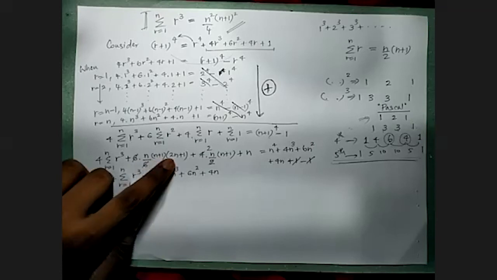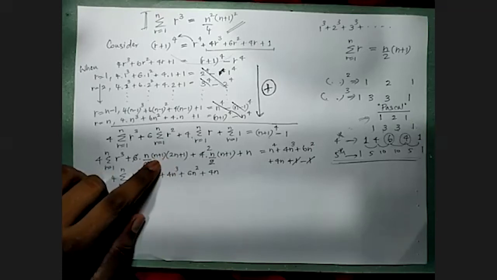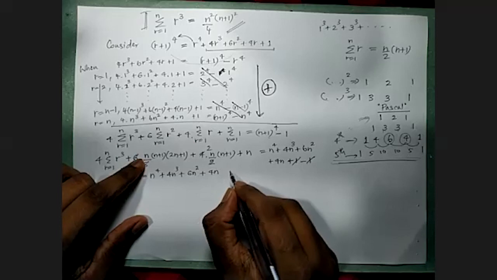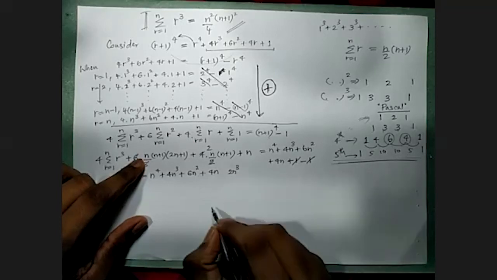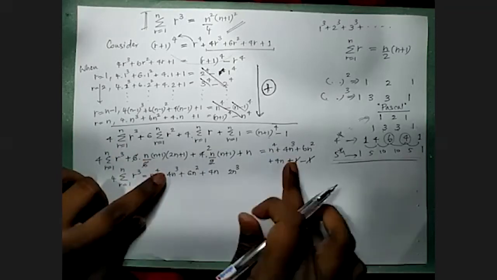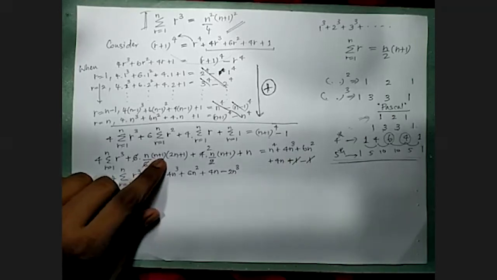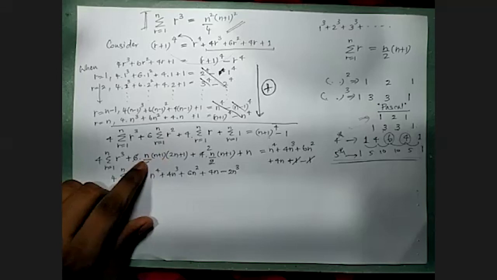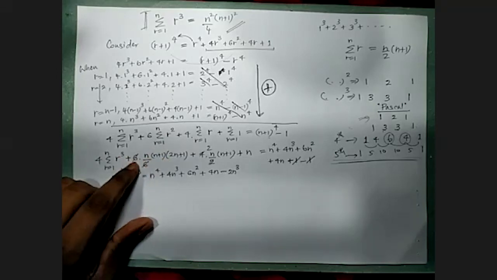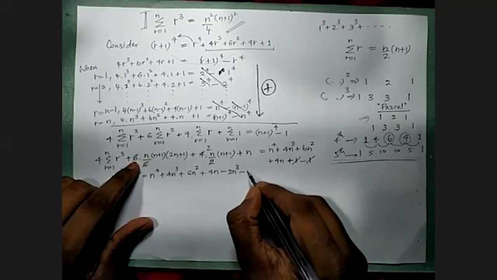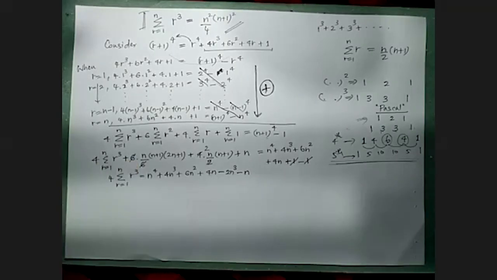Expand these two brackets. 2n square into n, that is 2n cube. It is positive, when it goes to right hand side, becomes negative. And last term 1 into 1, 1 into n, that is plus n. When it goes to right, it becomes minus n.